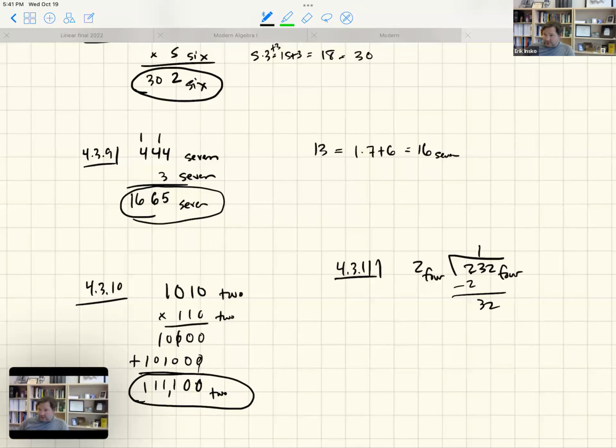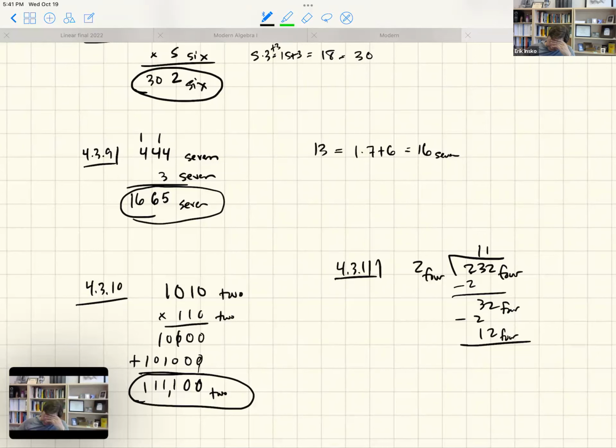And so then the question is, how many times does 2 go into 32 base 4? Okay, well, 2 goes into 3 one time with a remainder of 1. And so I have now 2 subtract, I get 12. Okay, so what's 12 base 4? 12 base 4 is just 4 plus 2 is 6.